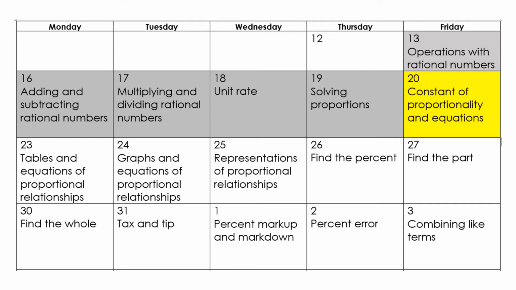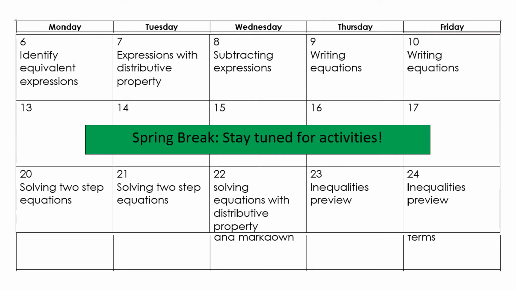Through next week we'll talk about proportional relationships, then percents, then expressions, then starting to talk about equations, and then there's spring break technically. So I'll do some different types of activities each day that won't be as structured as lessons, and then again equations, and then possibly an inequalities preview, because that's what we'll be working on when we return to school. So let's jump in.